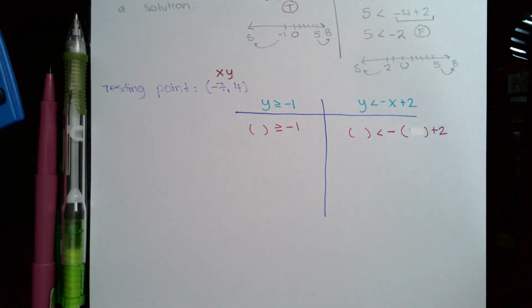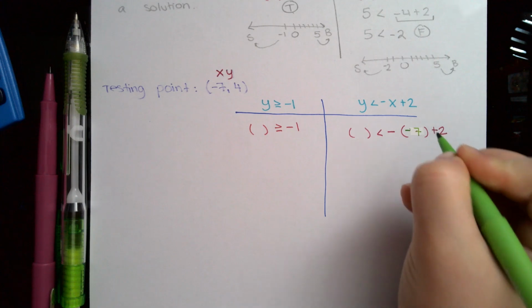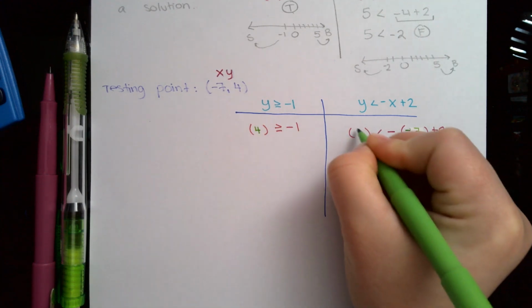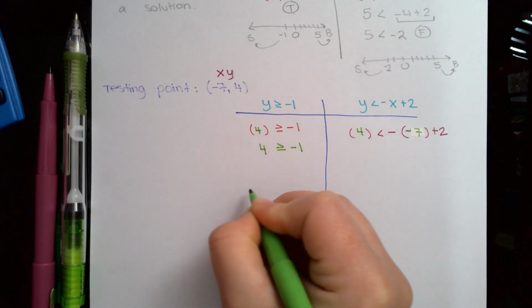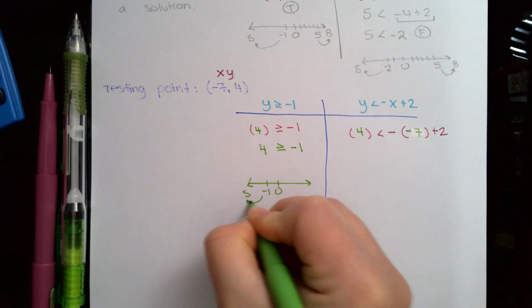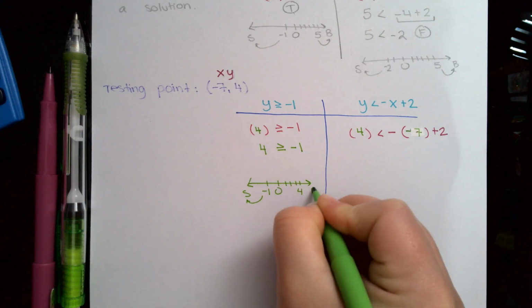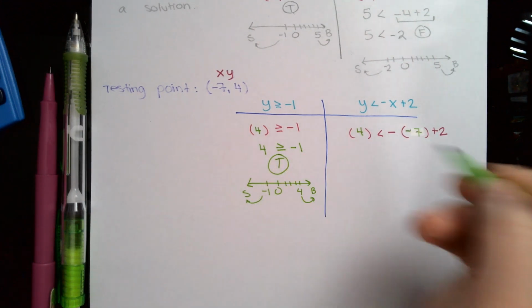Alrighty, what was our x value? x is -7. What was our y value? y is 4. So, is 4 bigger or equal to -1? Again, use a number line if you need to. Here's 0, here's -1. It's smaller. 1, 2, 3, 4 is bigger. So, is 4 bigger than -1? Yes, this is true.